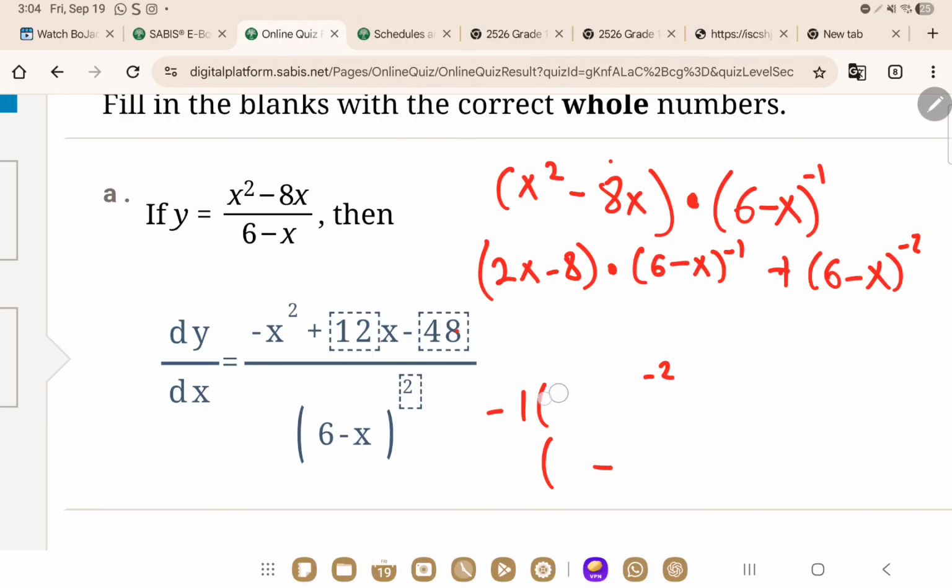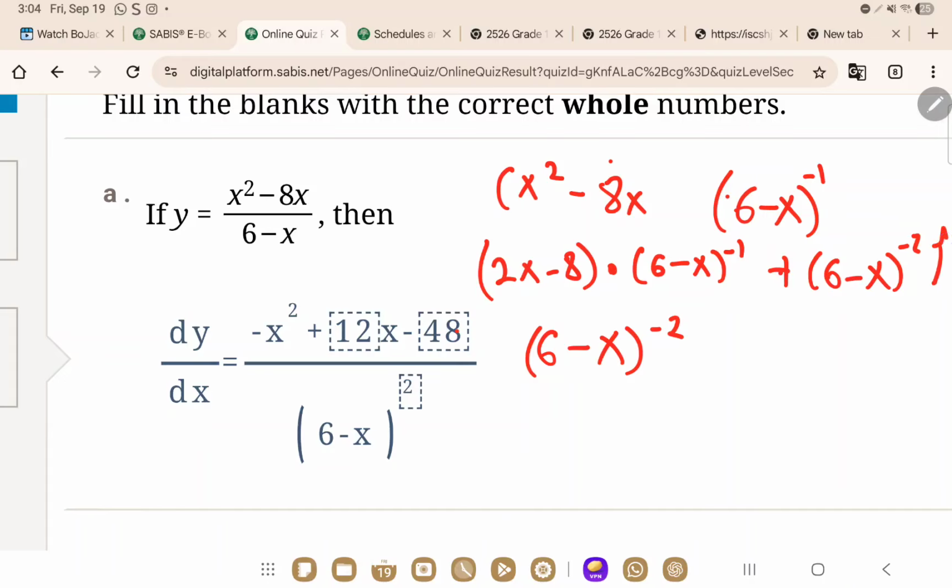We could of course take 6 minus x as a factor. So (6 minus x) to the power negative 2, you take it as a factor into 2x. Oh, by the way, you need to multiply this by x squared minus 8x. I keep forgetting this one step. That's what's written in the corner there, if you can't see.